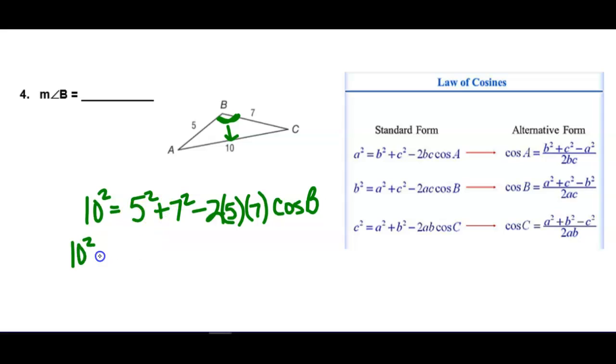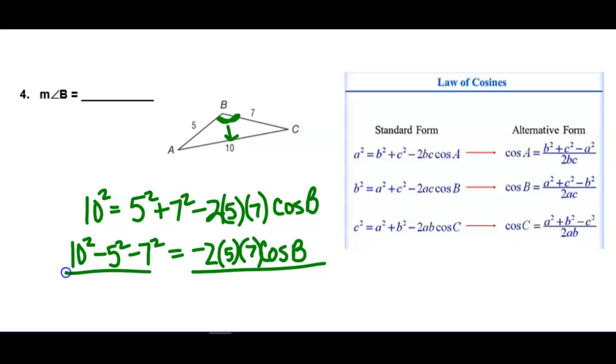These were both added, so we're going to subtract them over to the other side. Those are all multiplied, so we need to divide them over to the other side. So that all divides off.